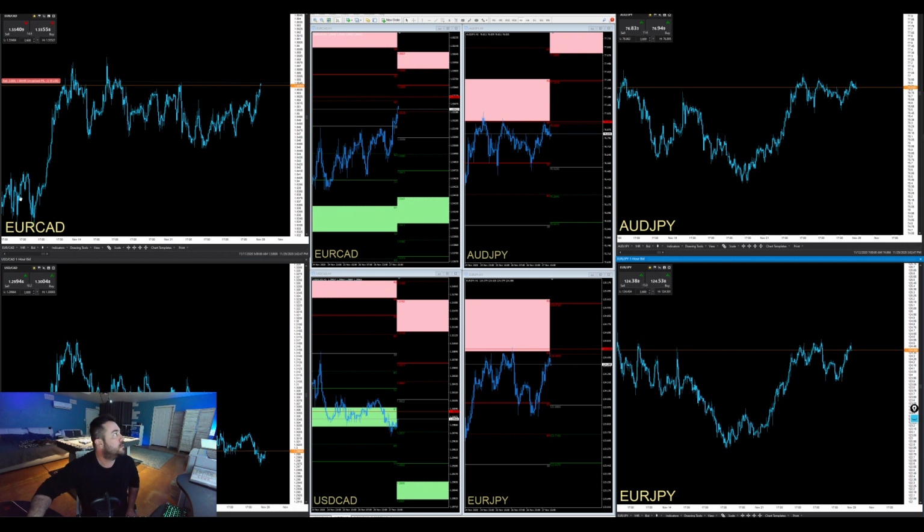I won't be able to place my stop loss on the EuroCAD until 1 hour from now, because this spread is so large right now. It would immediately take me out of my trade. So let's take a look at this here.